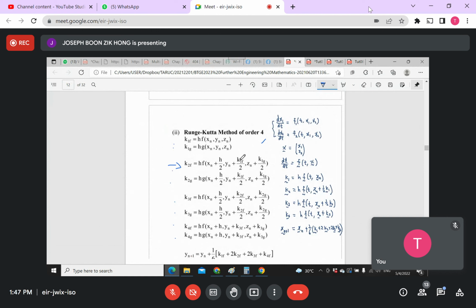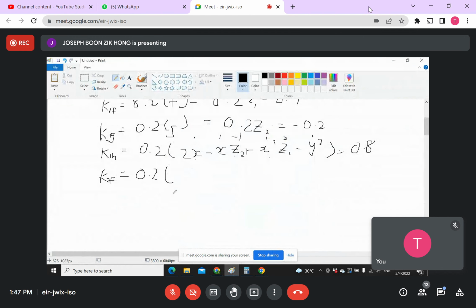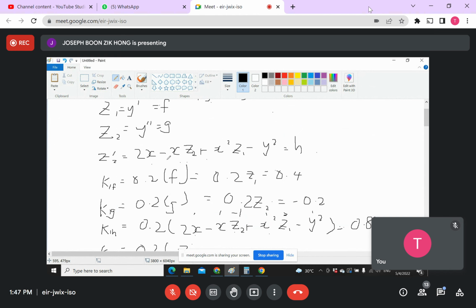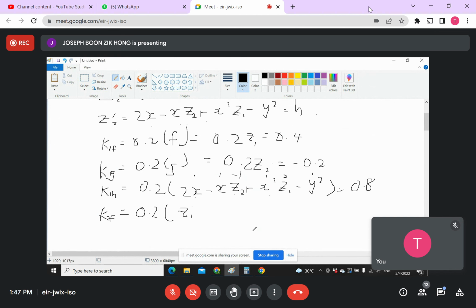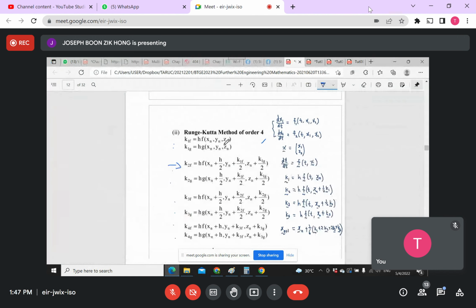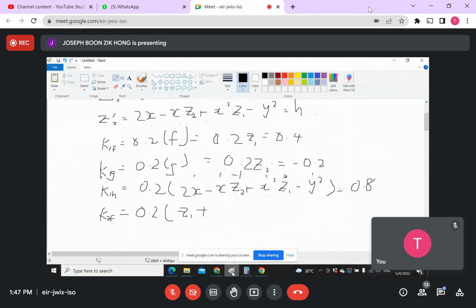Xn plus h over 2, yn plus, but our K2F should only consider K2F and then your Z. Because your K2F is considering on the F, so it's Z1. But Z1 you have to plus what? This one. Okay, it's just like this one is the same.